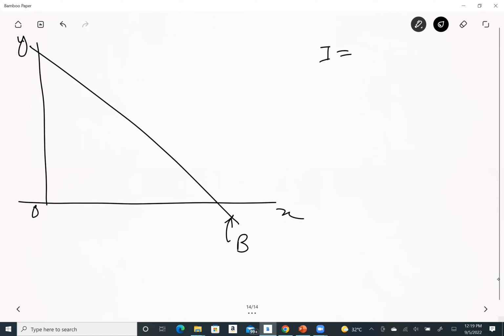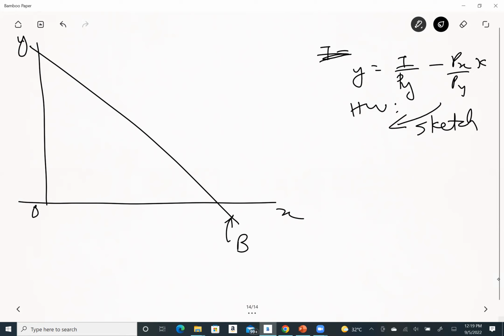So you have Y equal to I over PY minus PX over PY times X. So for homework, the question that I gave you earlier, the first one: income 1,000, price of X 10, price of Y 5. You sketch the budget line, so do it.